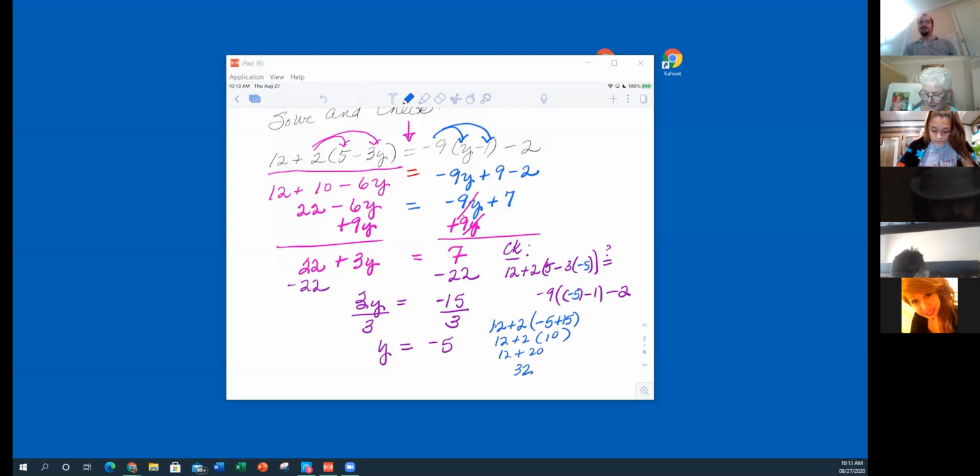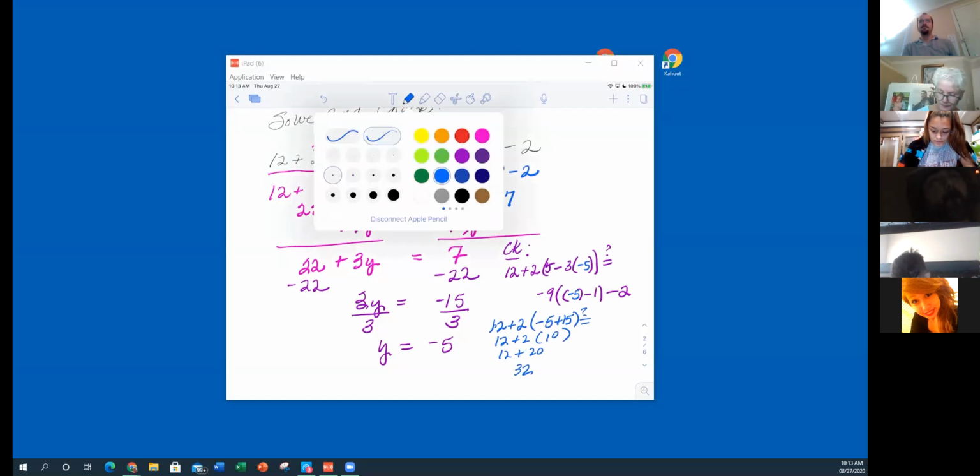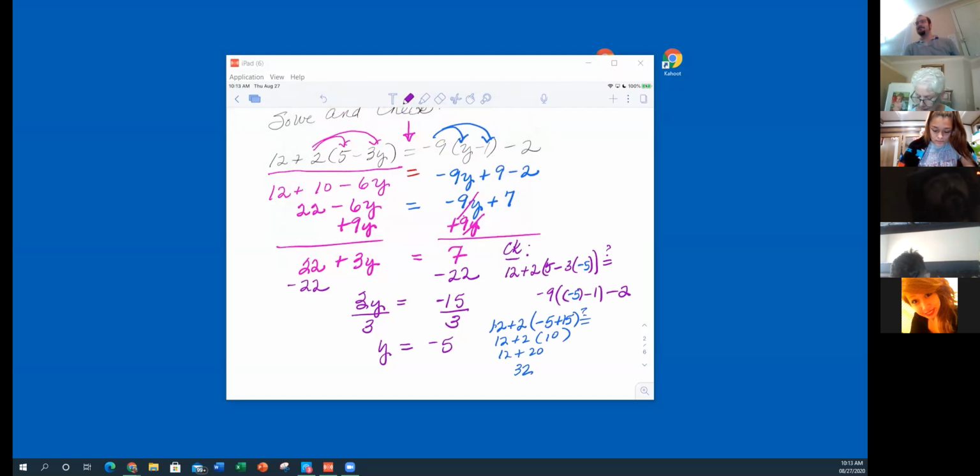And then the second part, does that equal negative 9 times negative 5 minus 1? Both of those have the same sign, so you add them together and keep the sign. Negative 6 minus 2, and negative 9 times negative 6 is 36 minus 2.